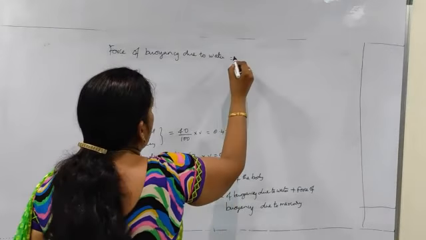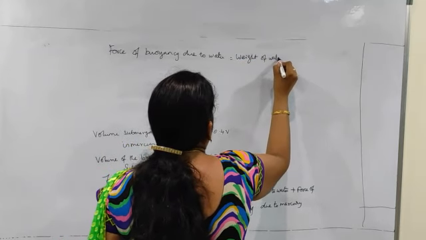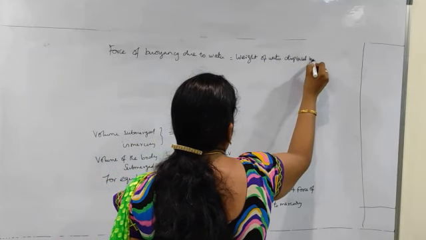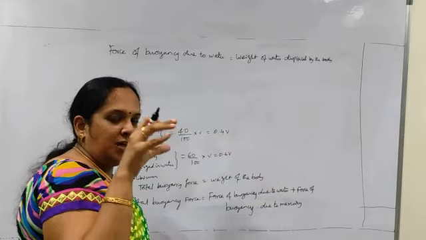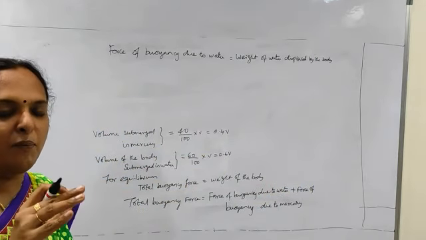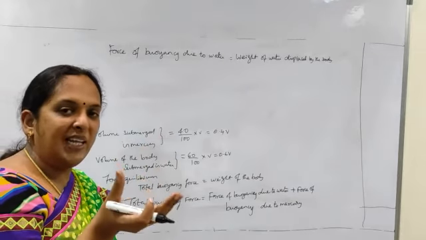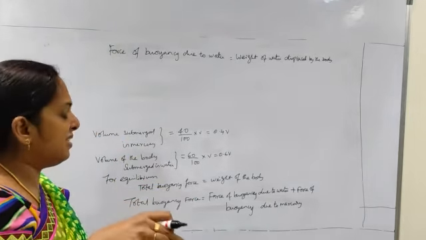So force of buoyancy is nothing but the weight of the fluid displaced by the body. That is what Archimedes told: when we immerse something and the body floats, the buoyant force is the weight of the fluid that is displaced by the body, that is the fluid that comes out when we make the body float in the system.